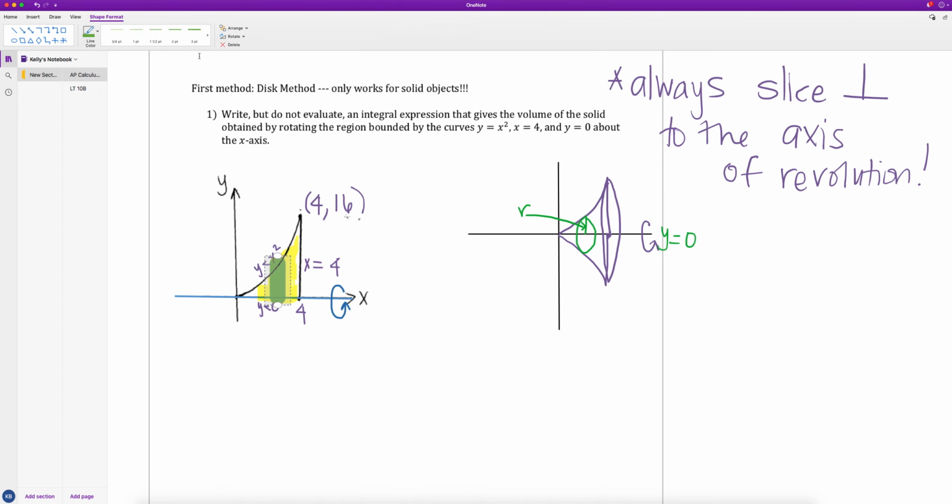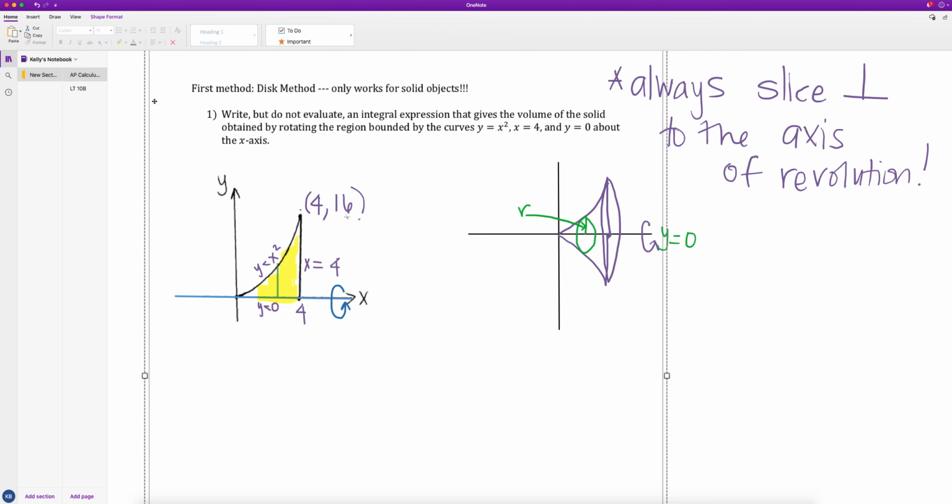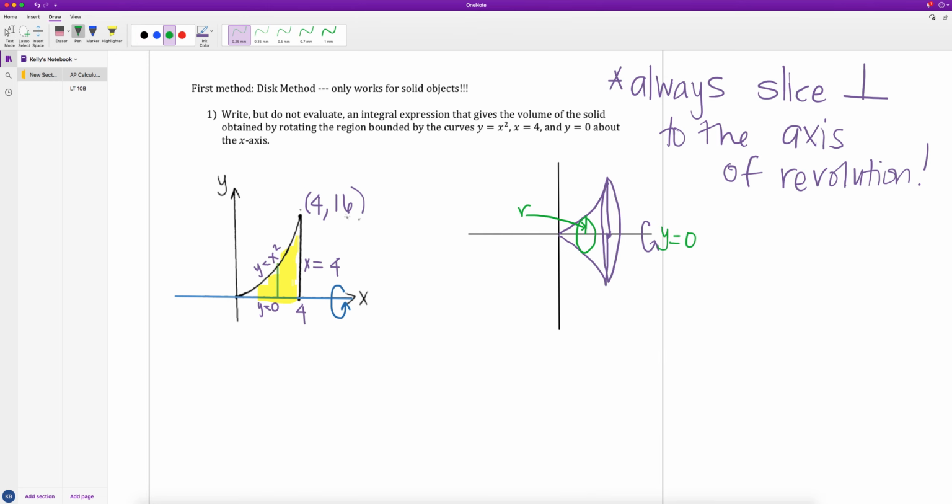Let's do it back in our green, there we go. So we are trying to find the distance of this line that we drew, and I'm going to label it R. Well, in our last unit, we talked about how to find the area of a two-dimensional shape. Now, I'm going to use those same skills to find this distance.